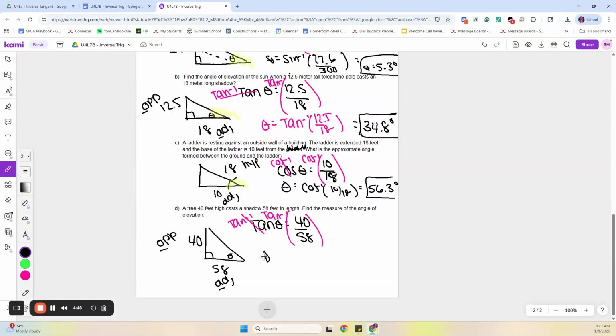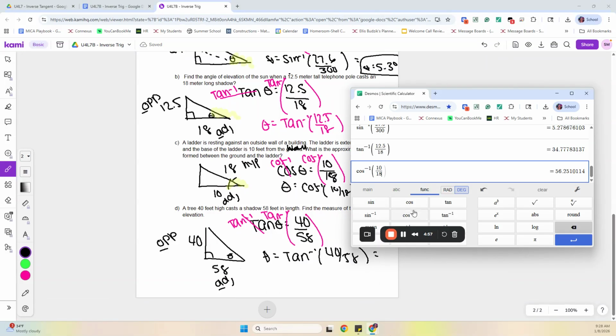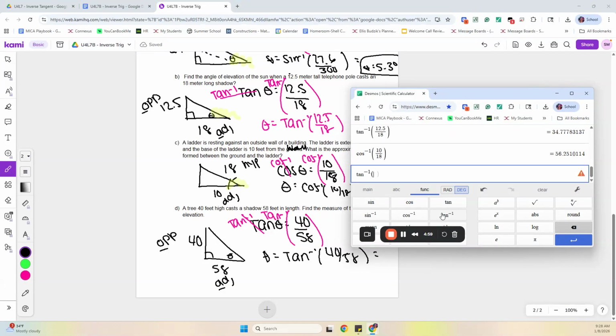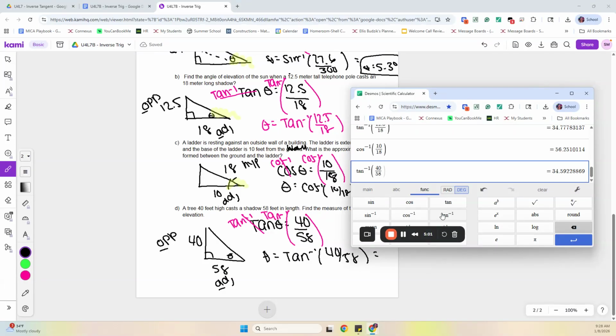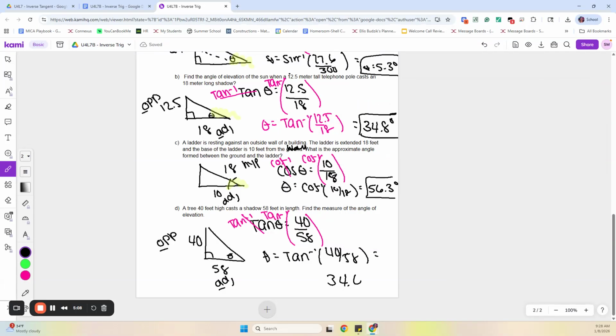So we get theta equals tan inverse of 40 over 58. That gives us 34.6. So 34.6 degrees.